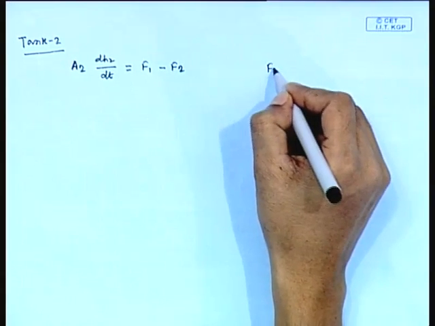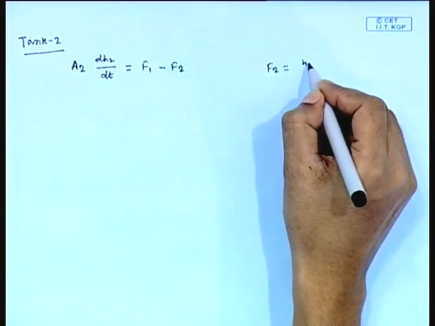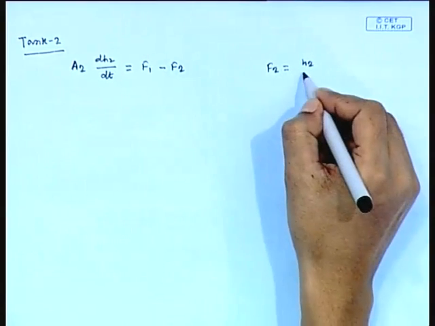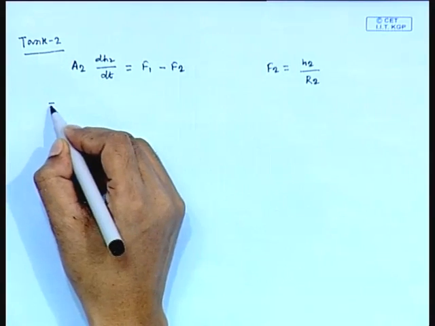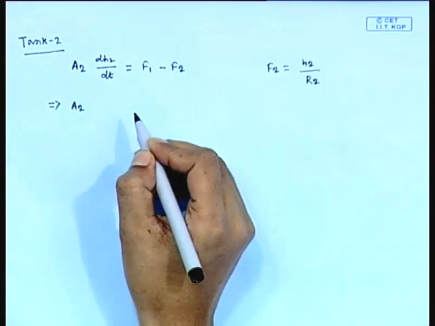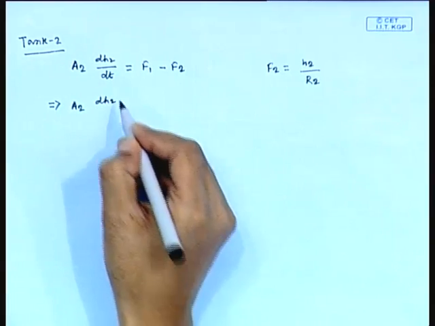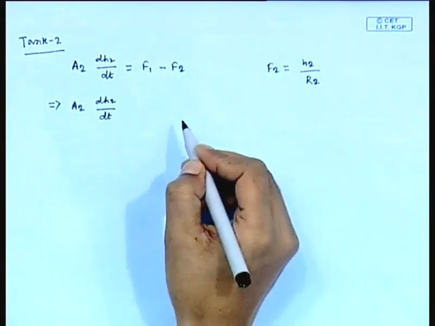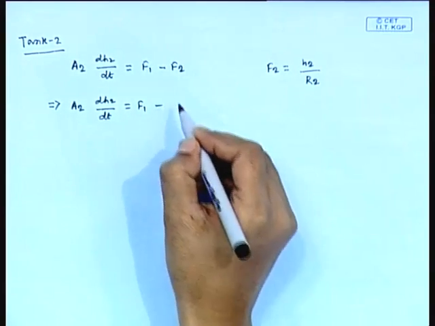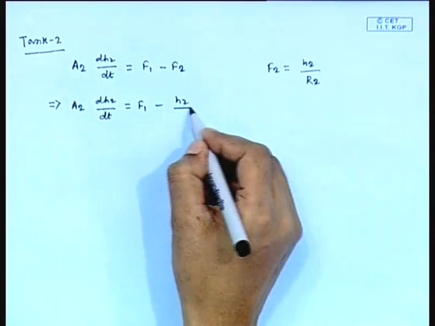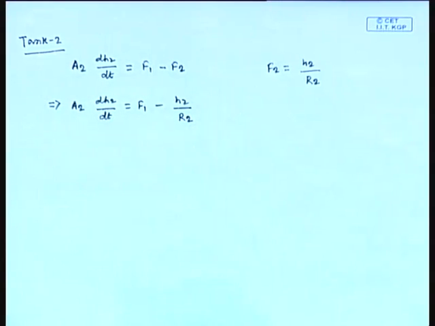Now, F2 is again the driving force divided by resistance to flow. So, F2 equals H2 divided by R2. If we substitute that in this modeling equation, we get A2 dH2/dt equals F1 minus H2 divided by R2.